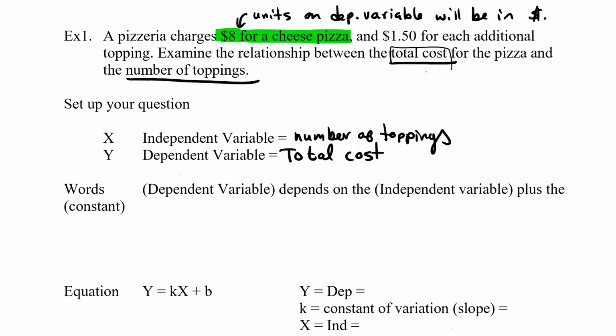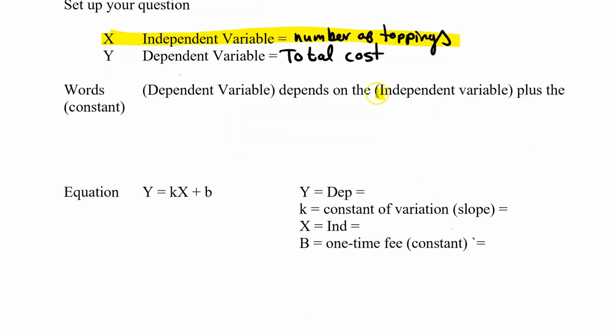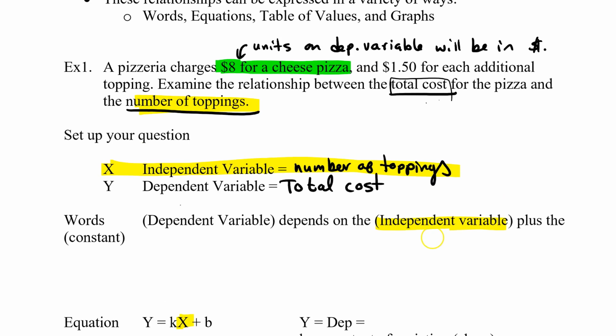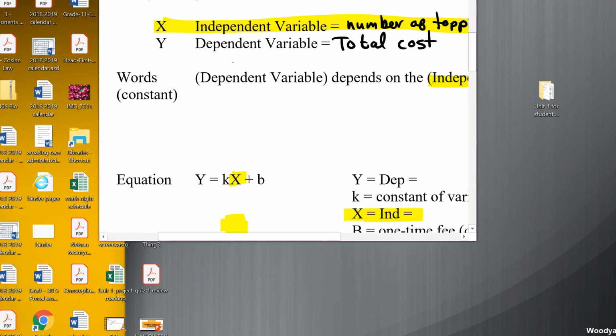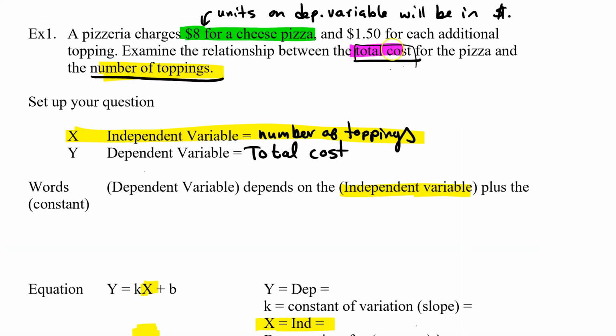I just want to color code here a little bit. All of my independent variables are always going to be in yellow. Just going to leave a space there. And my dependent variables are always going to be in magenta. Total cost, dependent variable.